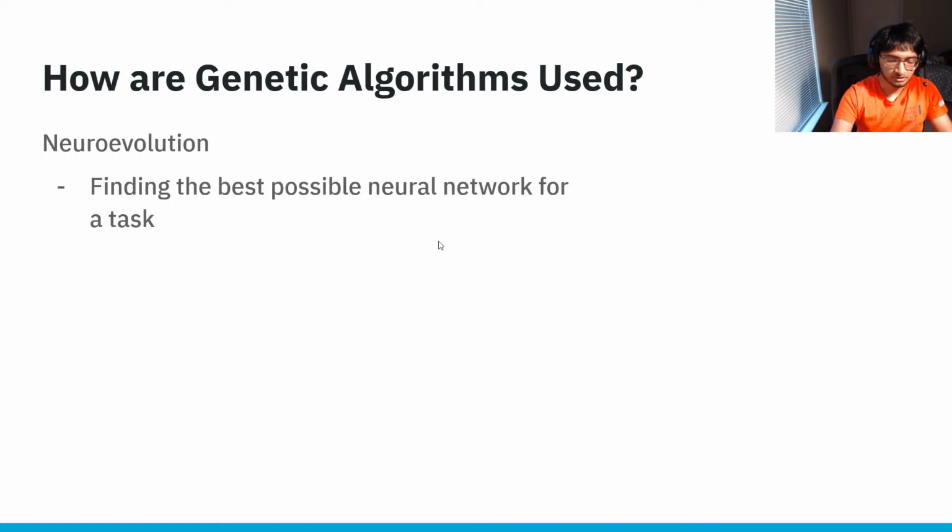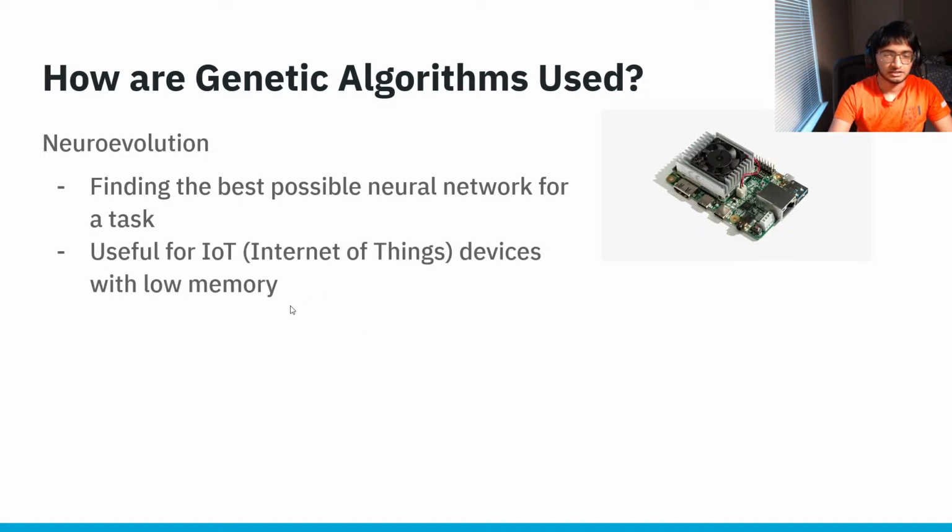Another possible usage of genetic algorithms is neuroevolution, which is finding the best possible neural network for a task. So we can do stuff like finding the smallest possible neural network or finding the most accurate neural network, and finding ways to fit it on things like IoT devices which have low memory.